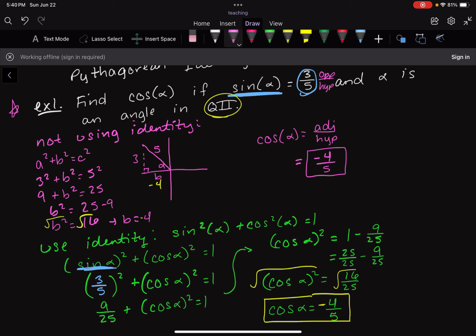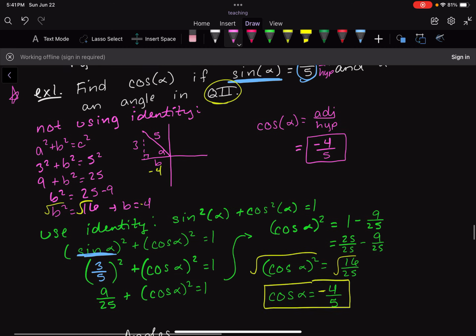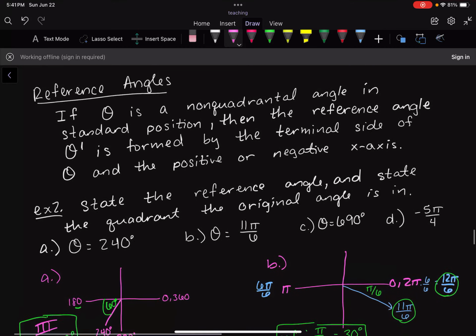Now, if you use a different method and you get the correct answer, you will probably lose like a point or two, but it's still better than leaving it blank. So even if you have to use a different method, that's okay. I would just go with that. But to get full credit, you would have to use the identity if I ask you to.